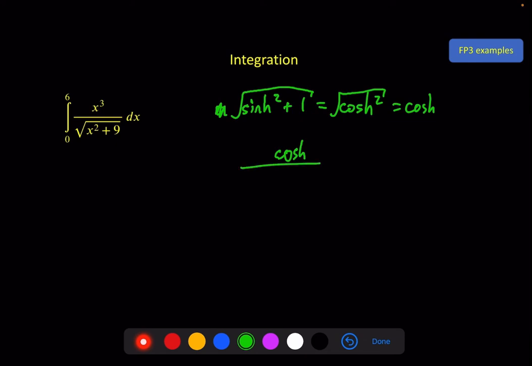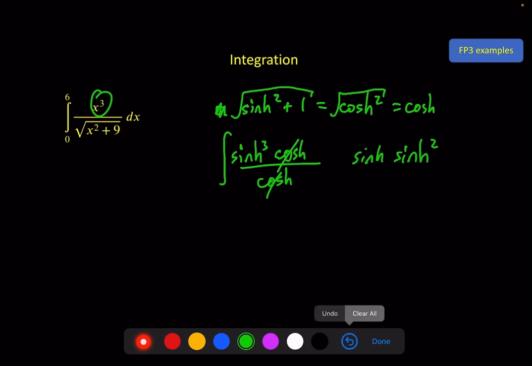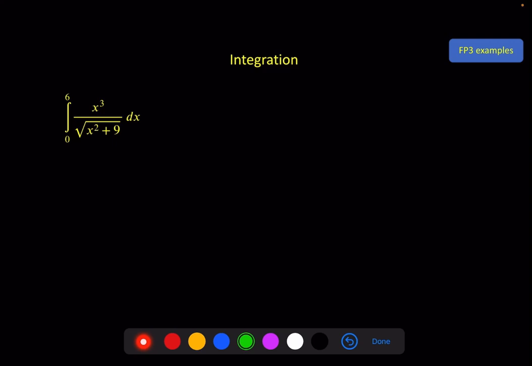So I'm going to have a cosh over cosh, but I am also going to have sinh cubed there. The integral of sinh cubed might not seem that great, but we have done that before by splitting it into sinh and sinh squared and then changing sinh squared into cosh squared minus 1. So yes, this looks like it's going to work. So that would go through my head, or maybe jot down on a bit of paper to get it clear whether this is a good substitution to use.